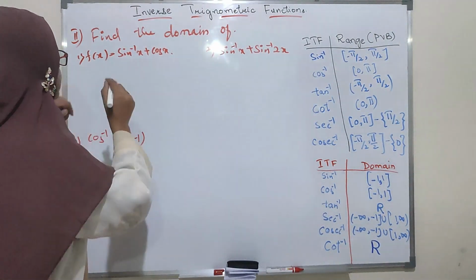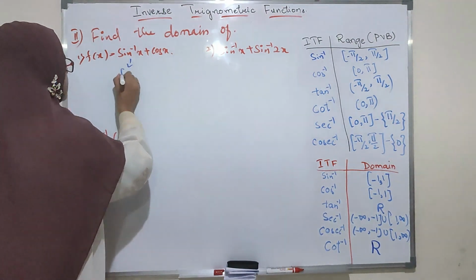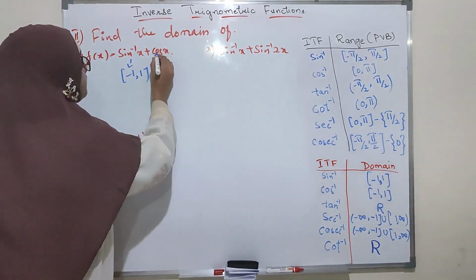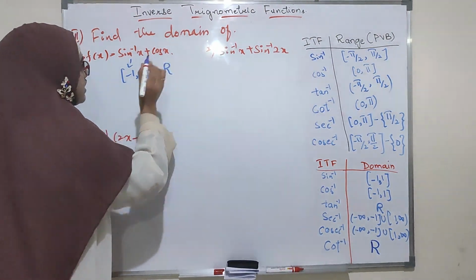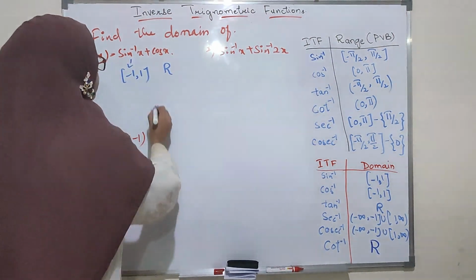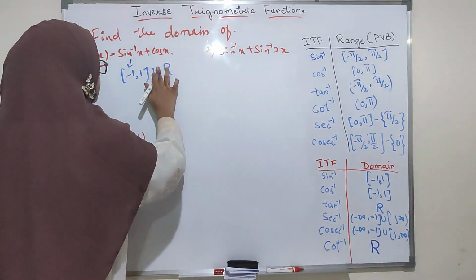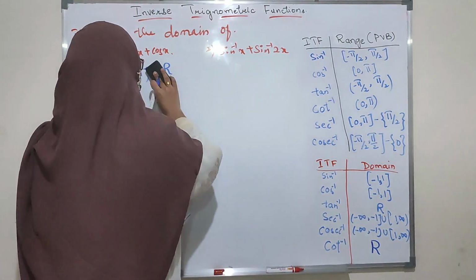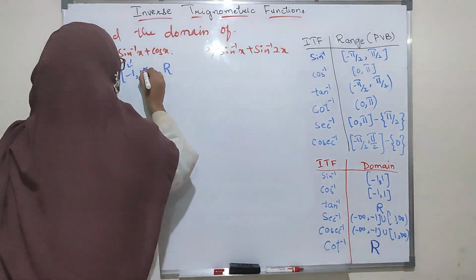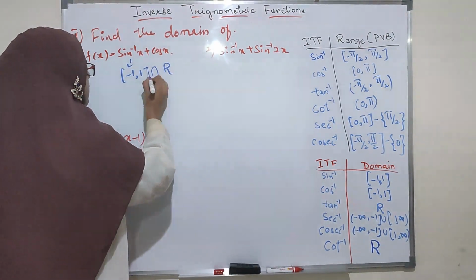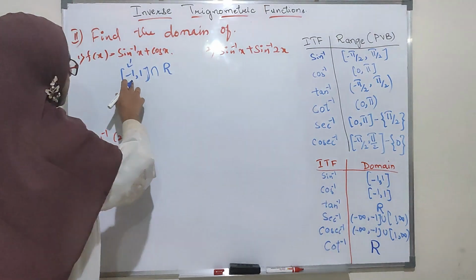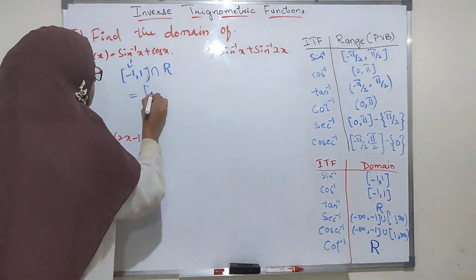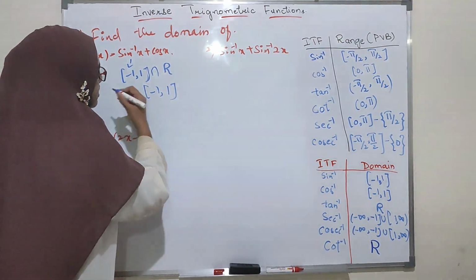So here the domain for this is the closed interval minus 1, 1, and for this we have the real numbers. The plus means you have to take the intersection of these two. On the real number line, minus 1 and 1 both lie. So we can take the domain as the closed interval minus 1 to plus 1.